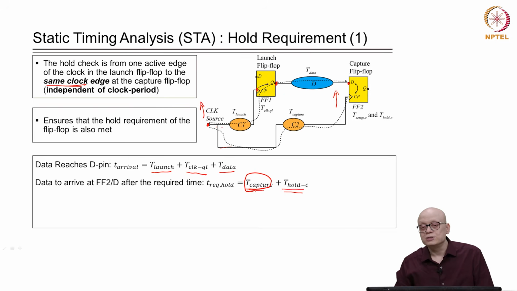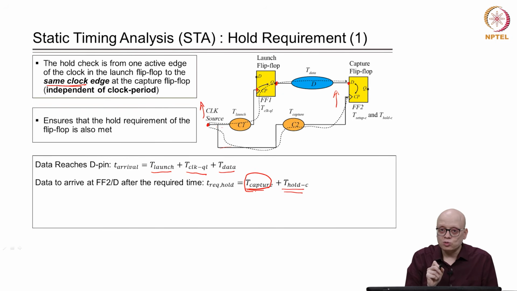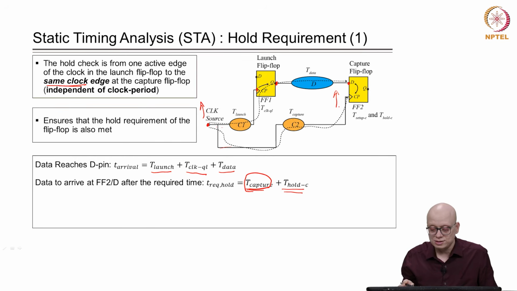For the whole requirement, we are trying to check that data is not being captured by the same clock edge. Therefore, we are not taking clock period in this case. So, clock period is immaterial and need not be considered in this case, right.